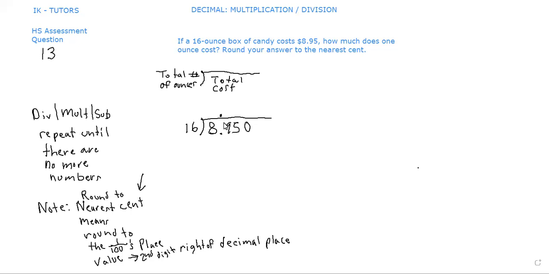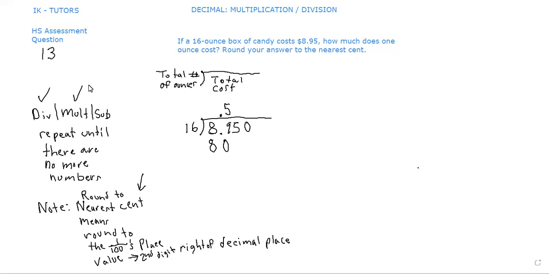16 divided into 89. How many times does that go? This is the division part, and we're going to go through division, multiplication, subtraction, repeat. 16 into 89 goes 5 times, so we put the 5 right here, above the 9, because 89 was the number we divided into.